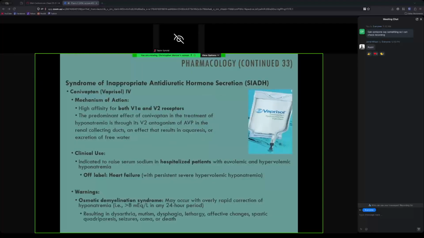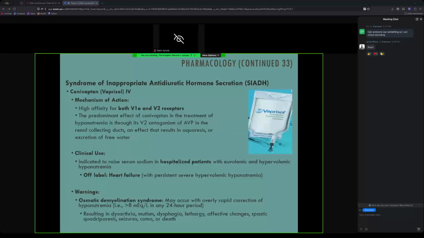Okay, so digging a little bit deeper here on the vaptans, the MOA, as I mentioned, high affinity for both V1 alpha and V2 receptors for the conivaptan. But its clinically dominant effect for SIADH is going to be the V2 antagonism in the renal collecting ducts.